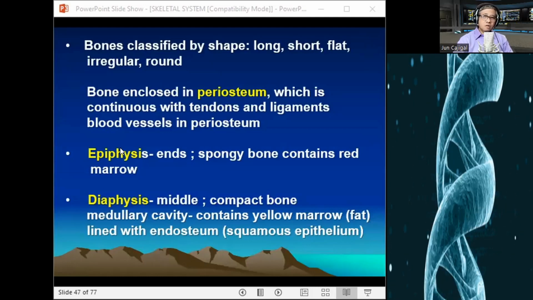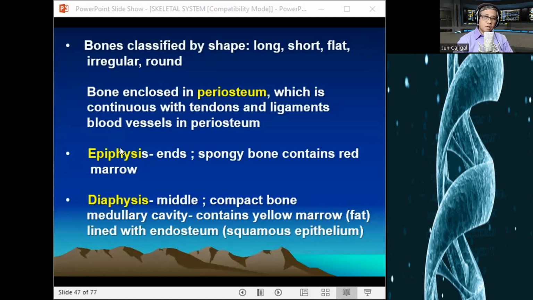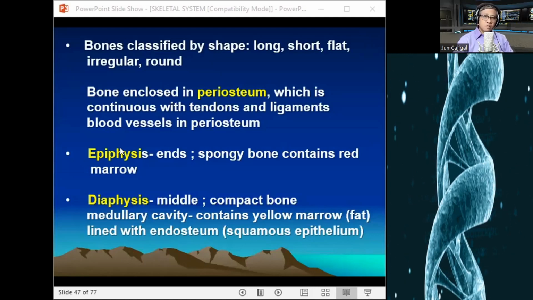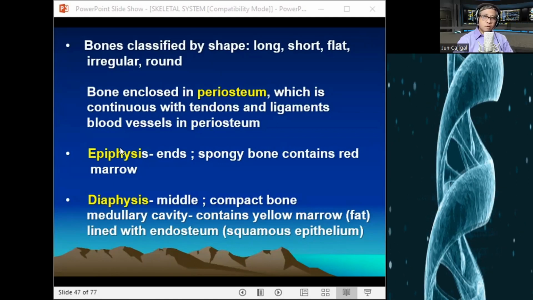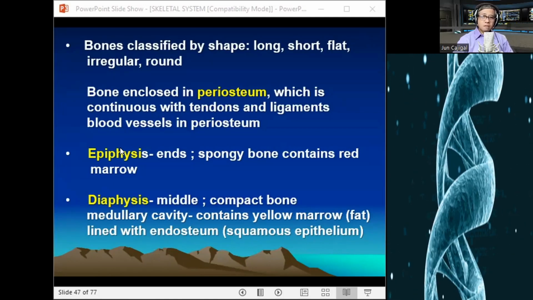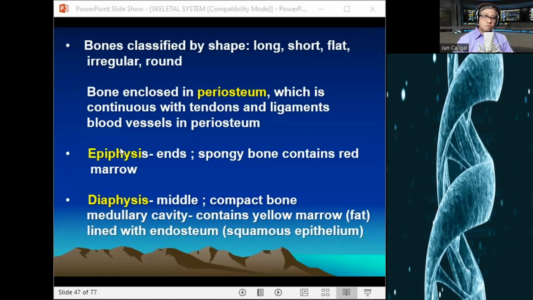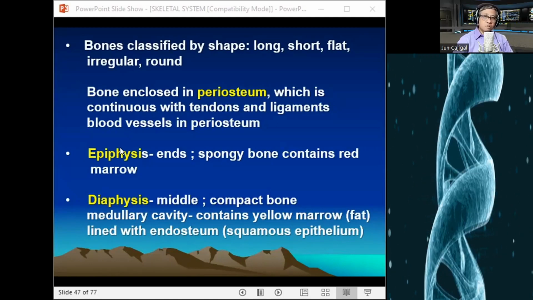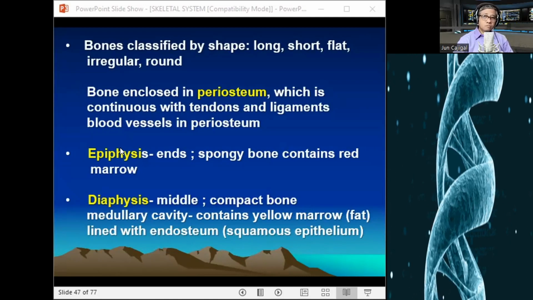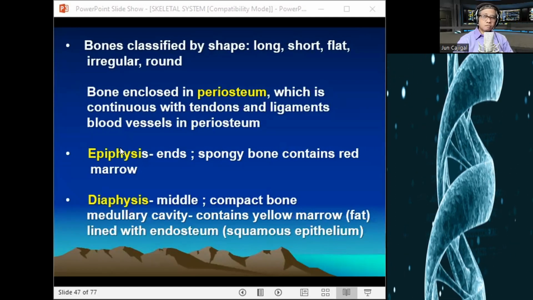And inside the shaft is a cavity called the marrow cavity or the medullary cavity that contains yellow bone marrow. And the yellow bone marrow is basically adipose tissue. The medullary cavity is lined with a membrane called the endosteum, which is composed of squamous epithelium.